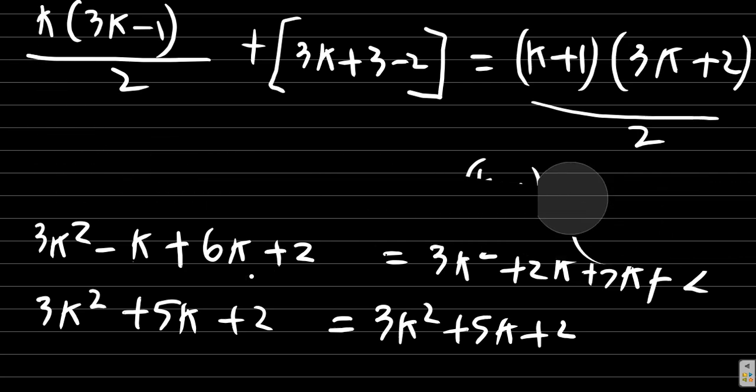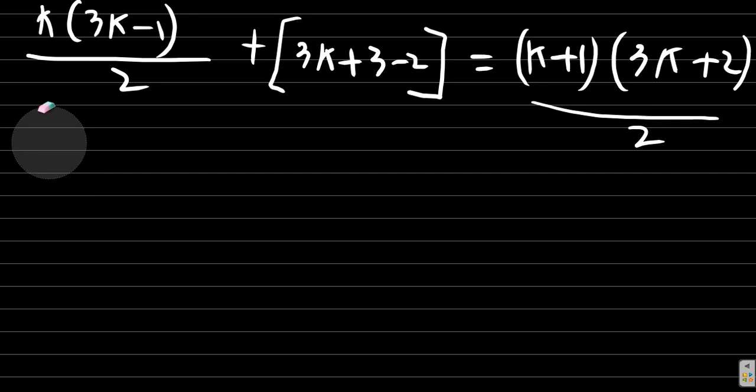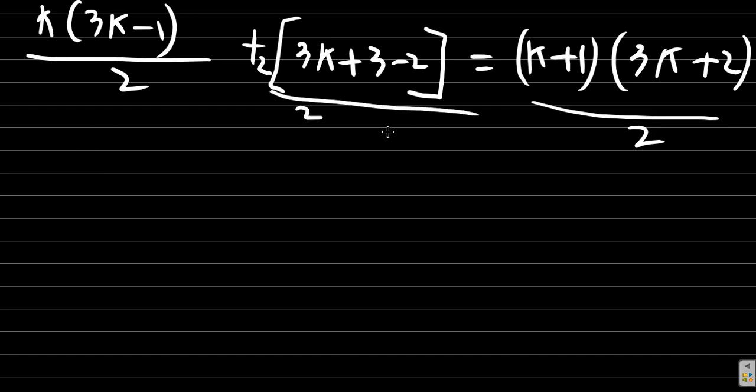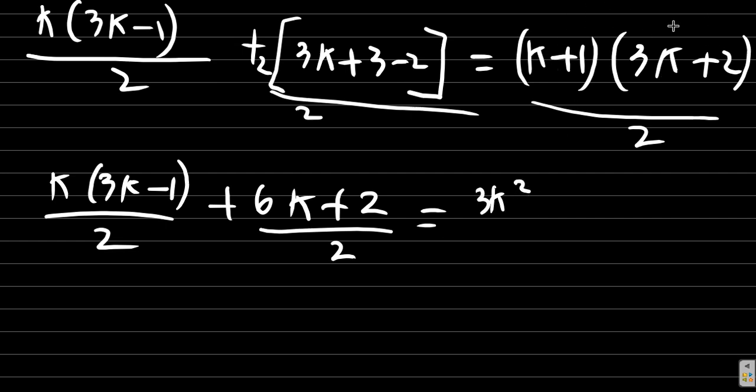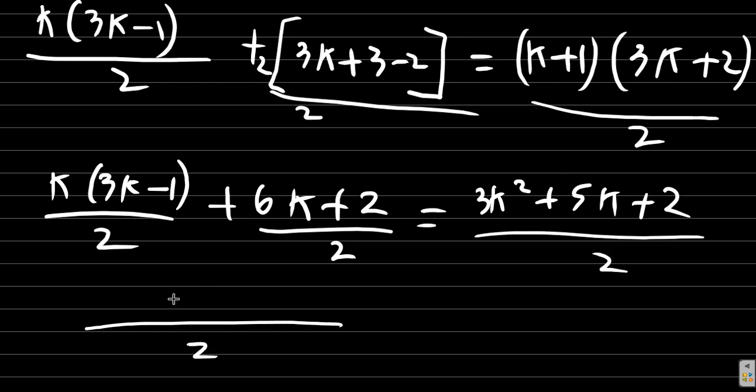Now notice we had multiplied across by 2. You could also consider this as 2 over 2 and then k, 3k minus 1 over 2 plus 2 times this, 2 3s are 6k plus 3 minus 1 minus 2 is 1, 2 times 1 is 2, plus 2 over 2, and then just write k, this will be 3k squared plus 2k plus 3k is plus 5k plus 2 over 2, and this over 2.